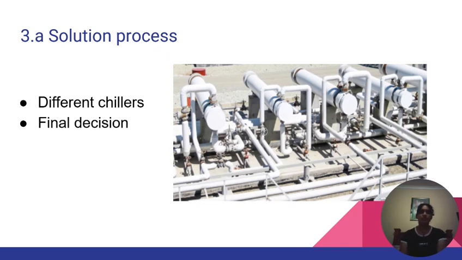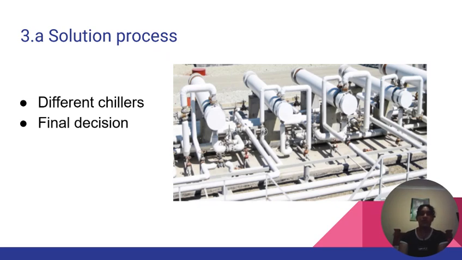My solution process. Since I am creating a solution for cooling demands, I researched chiller systems to help me understand how different types of chillers work and where they usually get used.